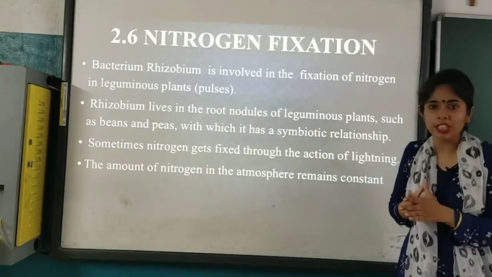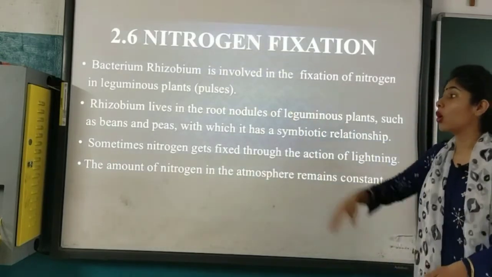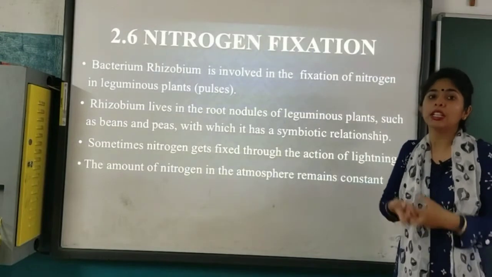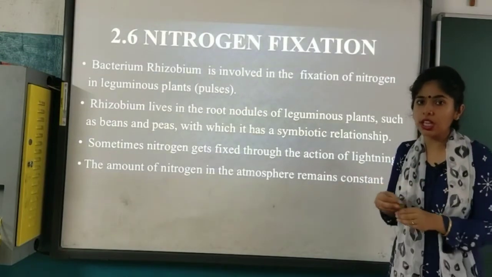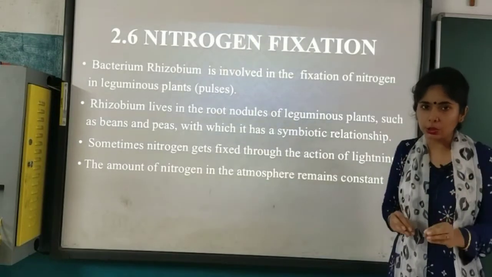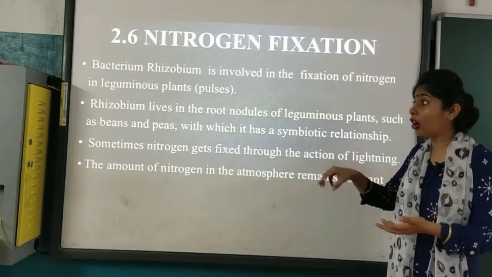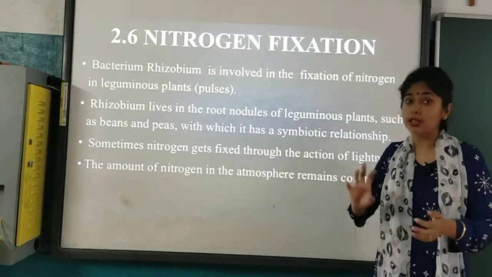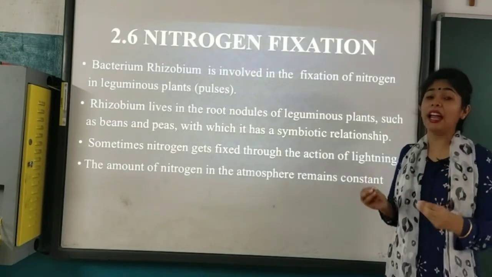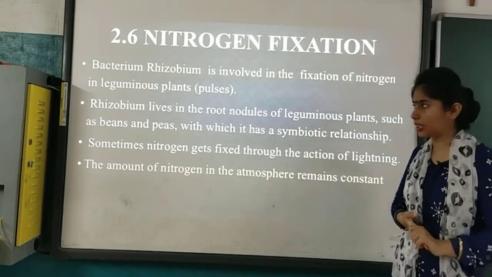What are leguminous plants? They are the pulses. Rhizobium lives in the root nodules. Okay, there are nodes in the roots, there are small lumps on the roots, those are the nodules. In those pulse plants, the Rhizobium bacteria are present, and there they do the nitrogen fixation.